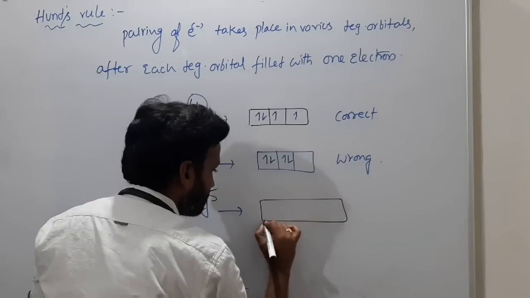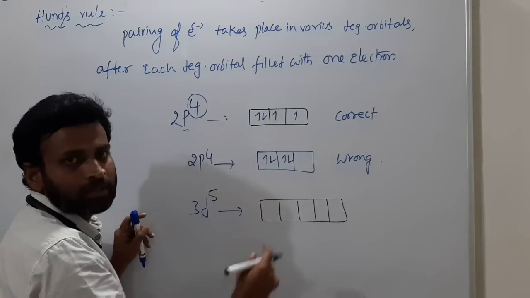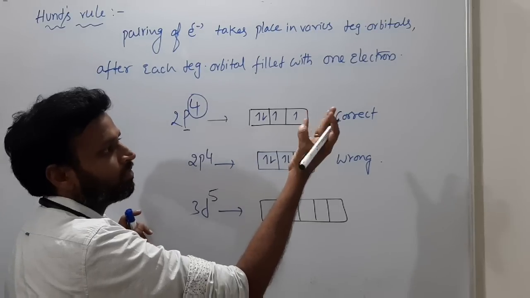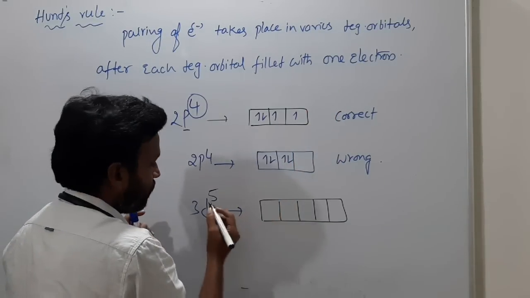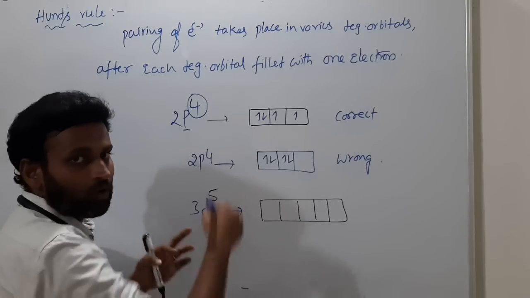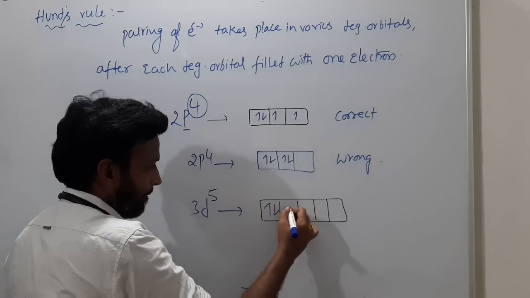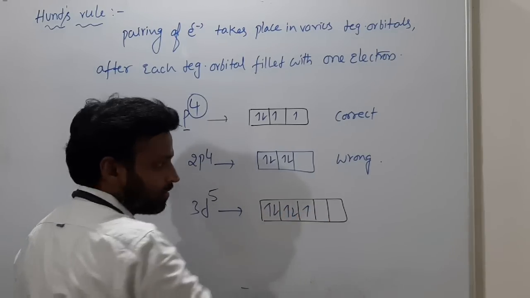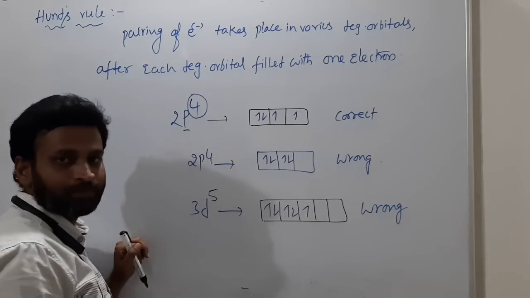D means I have 5 degenerate orbitals, as I told, the odd numbers S, P, D, F: 1, 3, 5, 7. So how do we fill 5 electrons according to Hund's rule? How does pairing happen? Correct or wrong? Absolutely wrong representation.